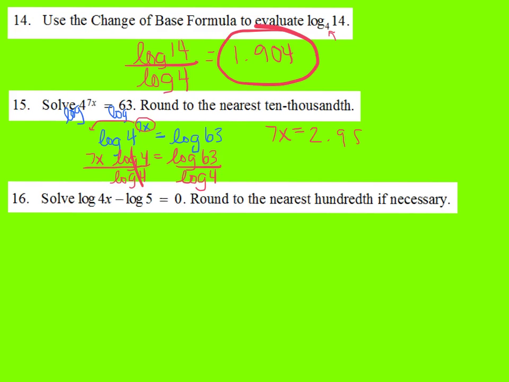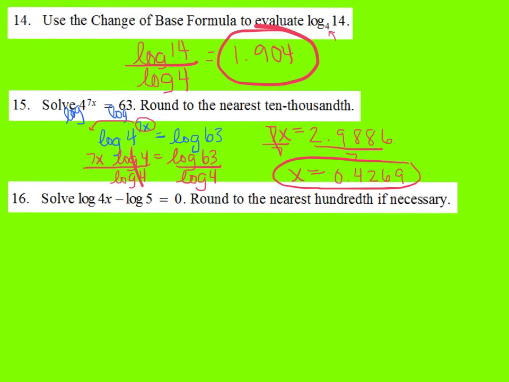But I need to take that and I need to divide by 7 in order to get x by itself. So I get x equals 0.4269.